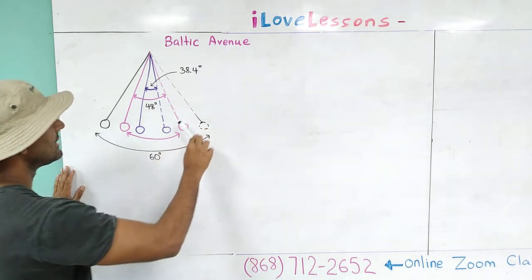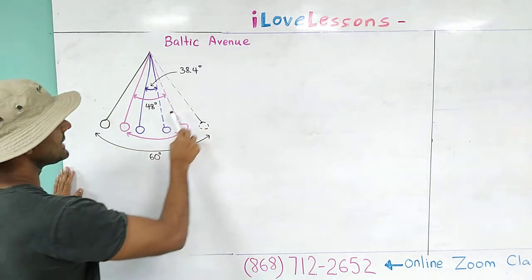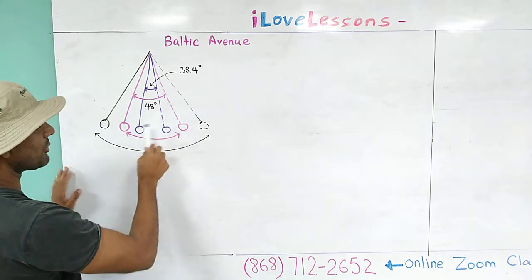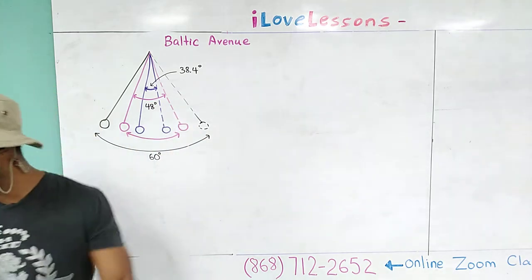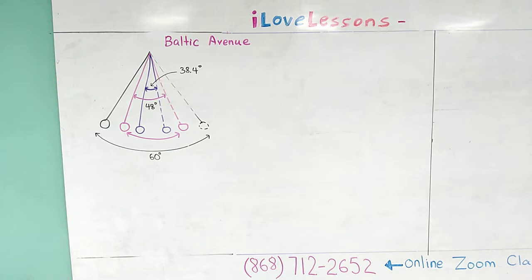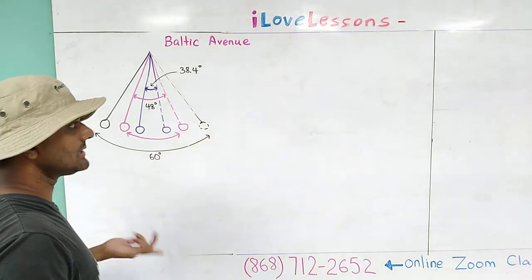So like 60, 48, 38.4, and as it gets smaller and smaller, you're adding up all the angles. And they want to know the total figure at the end of the day. So is it an AP or is it a GP?